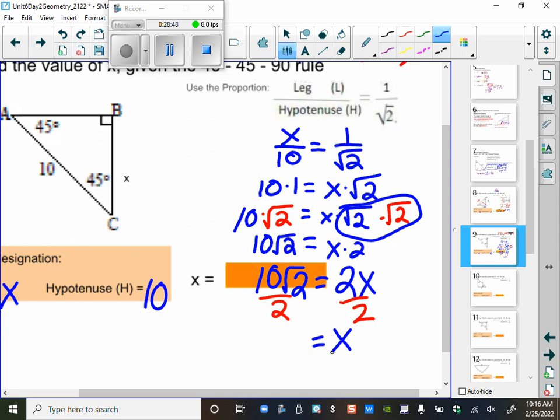Well, can we divide 10 by 2? Is 10 divided by 2 allowed? Can you divide those two numbers? Yeah, you can. So what's 10 divided by 2? 5. That's going to be your value of x.